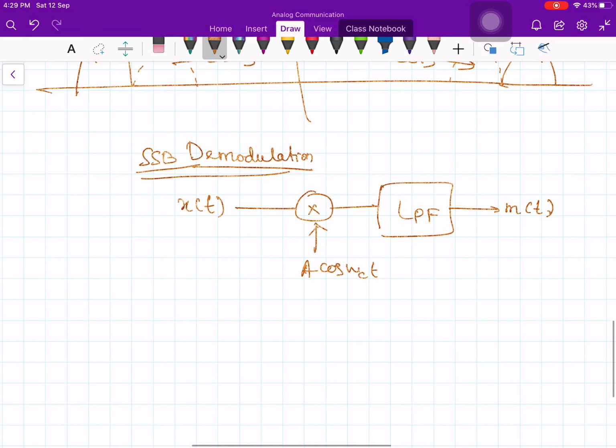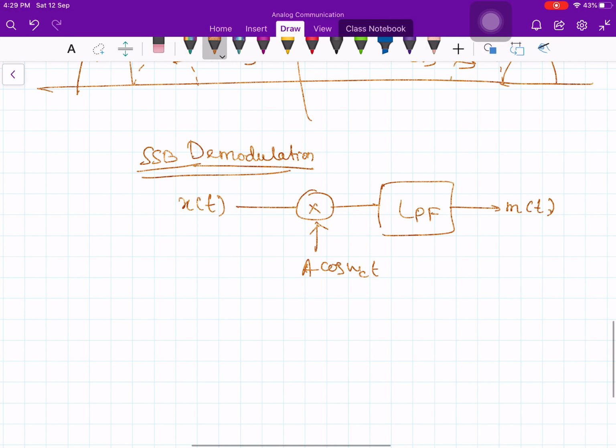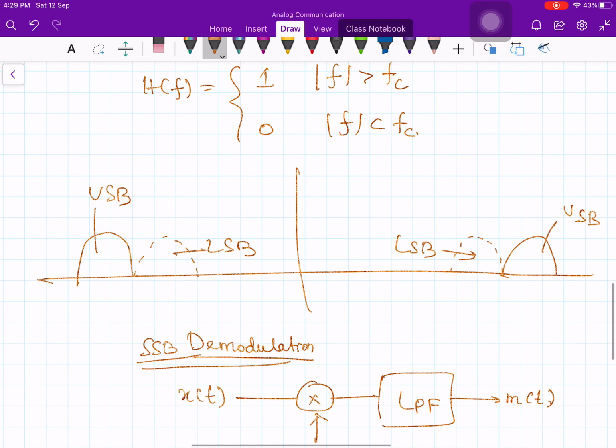Look at it in the frequency domain. It should become obvious. When you multiply by cos omega c t, then this portion will come here and this portion will come here. Maybe I'll use some other color. If you multiply by cos omega c t, then by the frequency translation property, this portion will come here and this portion will come over there.